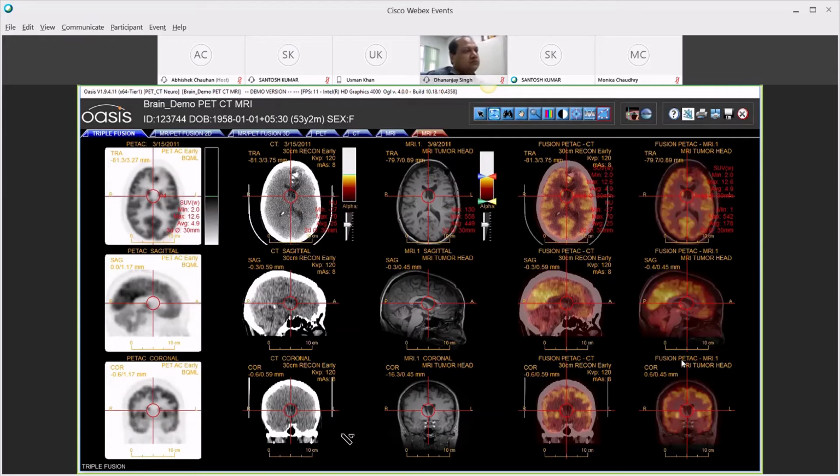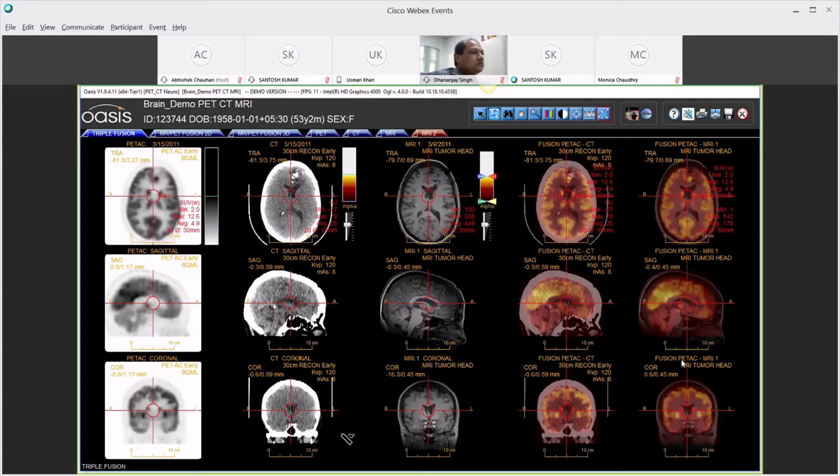Right now, are you able to see one? I just have a single transverse image with MR fused with that PET. No, there is the image format actually. There are 15 images there.